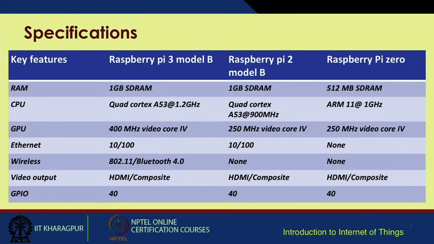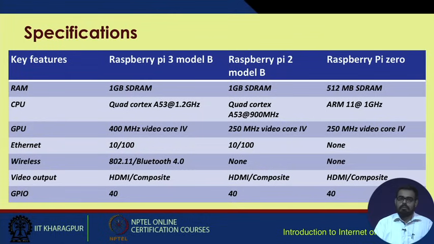As you can see, the RAM for Pi 3 is 1 GB, for Pi 2 it is 1 GB, whereas for Pi 0 it is a bit lesser at 512 MB. The CPU is a quad core Cortex A53 processor. Processing speed is approximately 1.2 GHz, whereas for Pi 2 it is 900 MHz.